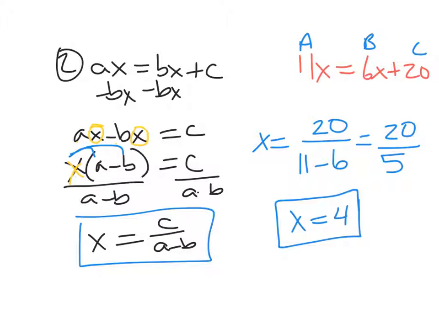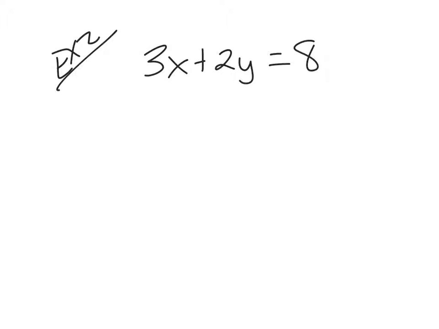All right, so now that you understand how to do one variable, we're going to add another variable. So example 2. We have 3x plus 2y equals 8. This is what starts getting you into a linear equation. You can solve this for y and it's a linear equation.